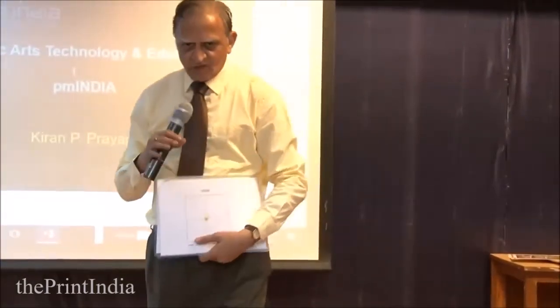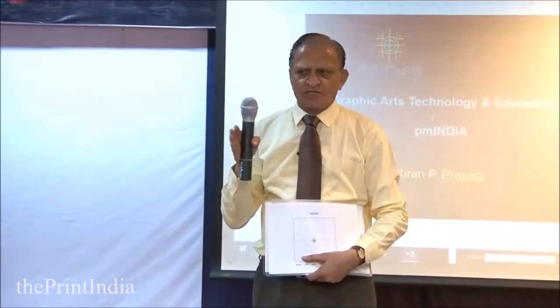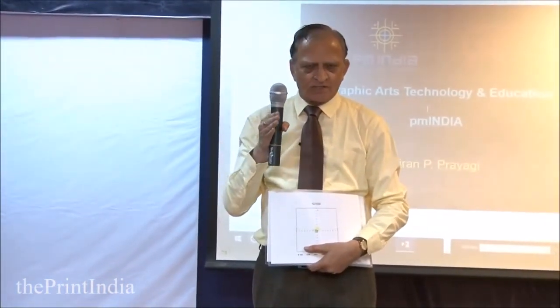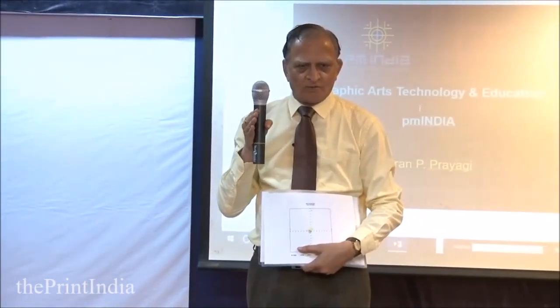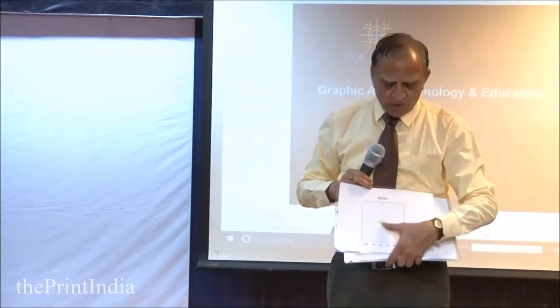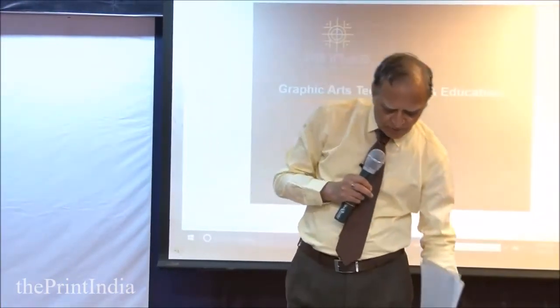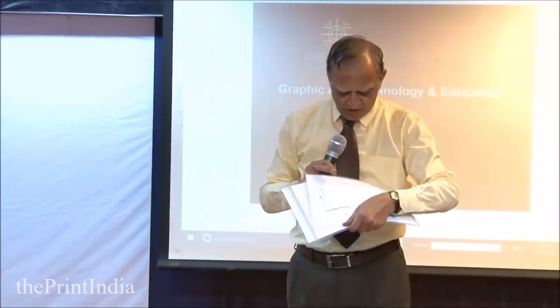Here I have 2 different sequences. One is black, cyan, magenta, yellow, and the second is black, yellow, magenta, cyan. Yeah. So these are plotted and shown how the gray balance shifts, because the grays are most important when you do color reproduction.